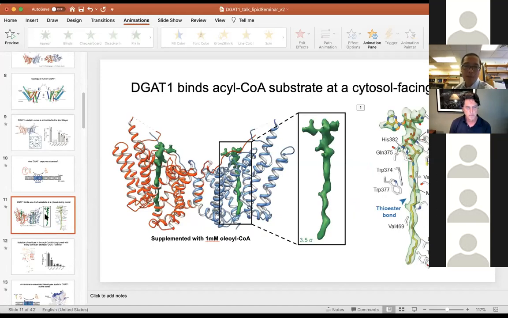So I believe both dissolved or membrane-partitioned acyl-CoA can be captured by the enzyme. From this structure, it's really hard to say which is preferred, but my gut feeling is it also depends on the solubility, right?